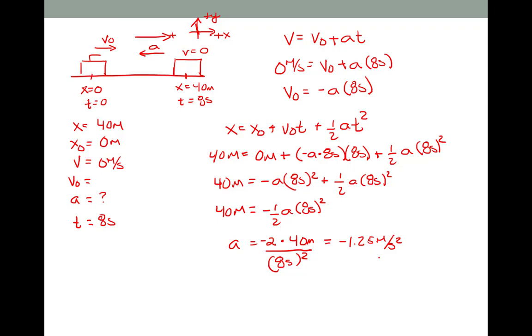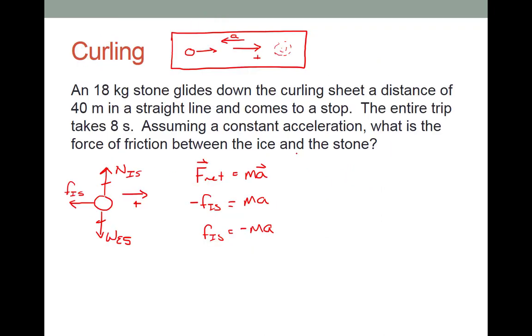Now that I have the acceleration, I can bring that back to the previous slide, and I get the force of friction is, I don't want to put an m there, I want the 18 kilograms, 18 kilograms times negative 1.25 meters per second squared. And if I take 18 times 1.25, I get 22.5 newtons. Okay. So the magnitude of the force of friction is 22.5 newtons.